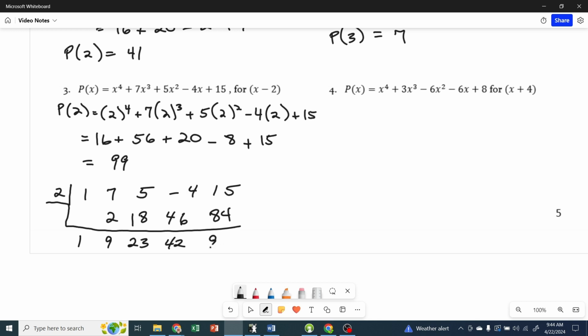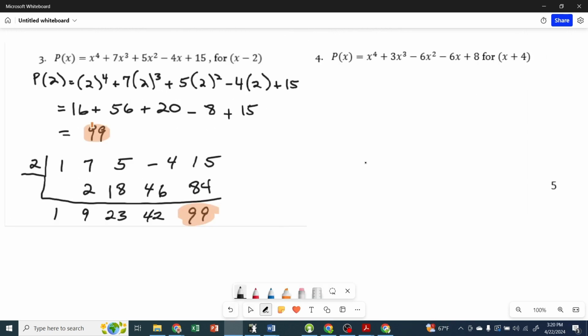And we add that down, we get 99. And you will see here, we got the same values. So that's what the remainder theorem helps us do.